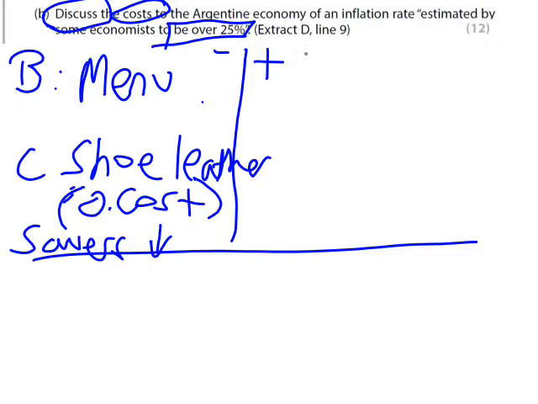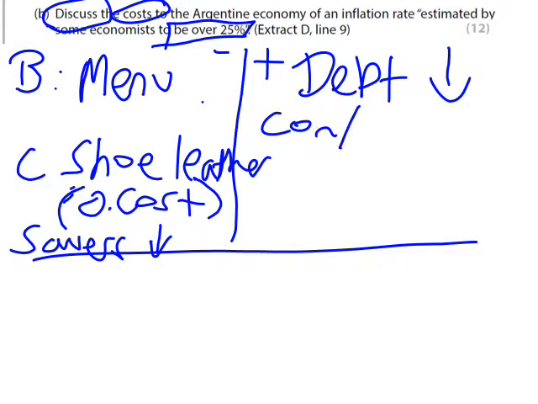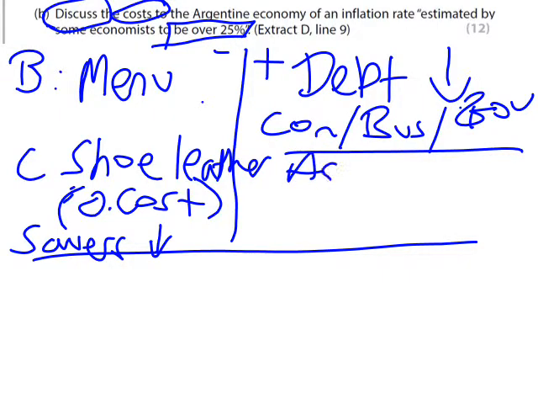On the benefit side, it has a significant impact on reducing consumer, business and government debt, especially when looked at from the point of view of assets. So if the value of assets are rising linked to inflation, then people who have borrowed are going to benefit from a higher value asset price in relation to the original debt that they paid for that.